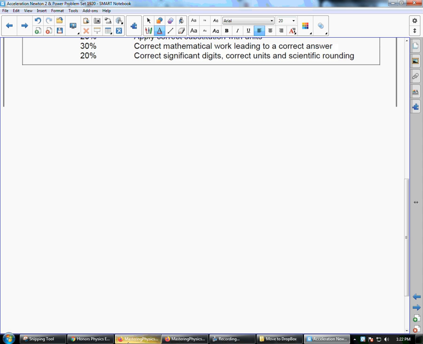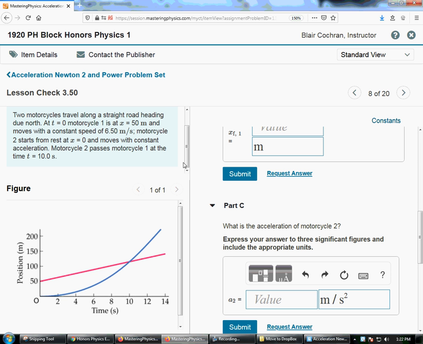So, let's go back here and look at our data. We know it starts 0 and now it starts at 50, and we know the slope of the red line, right? So I'm looking at it, I'm going, ooh, the red line's easier to find out where it's going to be after 10 seconds, because it's a straight line. That just tells me, oh, math is easier, right?